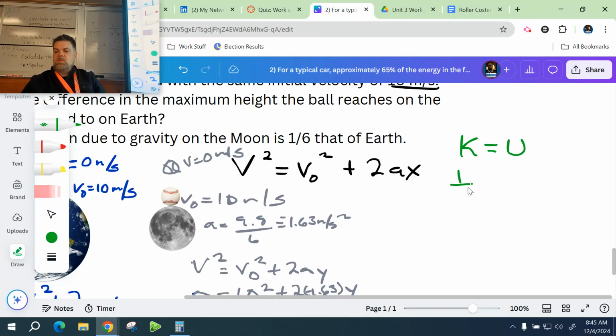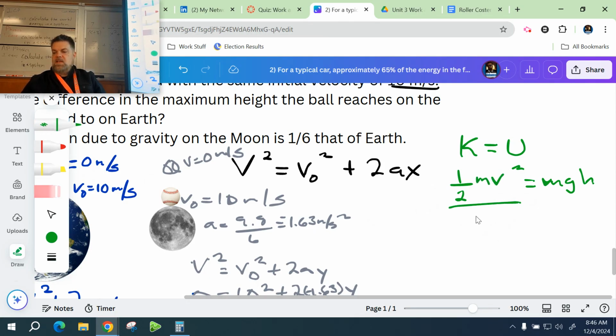So the kinetic energy would be 1/2 times the mass of the baseball times the velocity squared should be equal to, right? We'll do Earth first, M, G, H. And what we would want to do is solve for H. Well, the first thing that I'm going to have to do is get rid of this line I just wrote down.